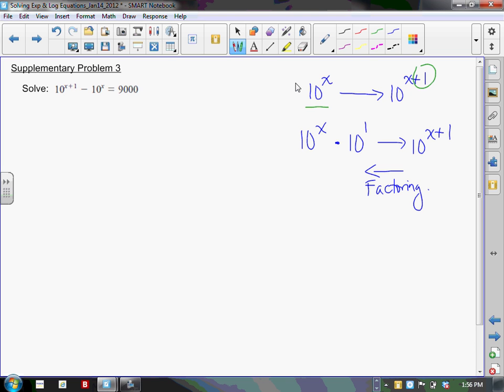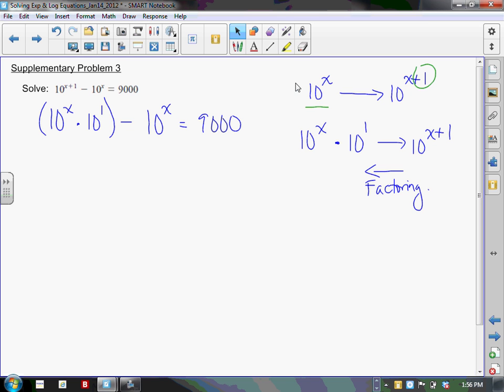So if we were to rewrite the first expression as such, I'll leave the second one alone. Have a look to see what is common between the expressions. We have 10 to the x, 10 to the x. So it would make sense to common factor.